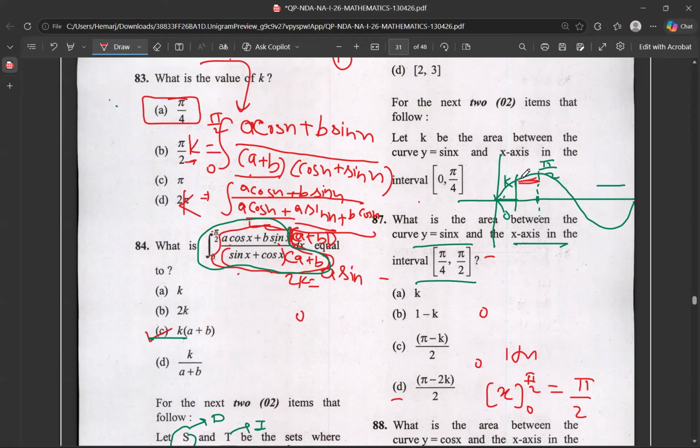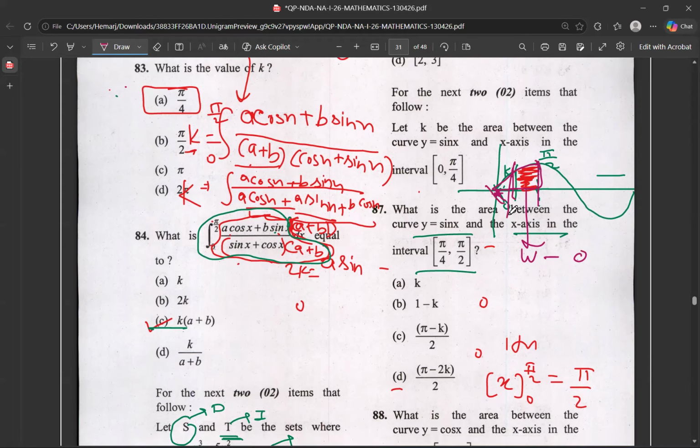We have to find this area from pi by 4 to pi by 2. First, take this whole area from 0 to pi by 2, minus the area from 0 to pi by 4, and exactly what you want, you will get.